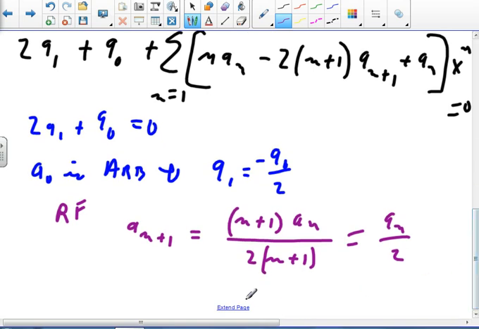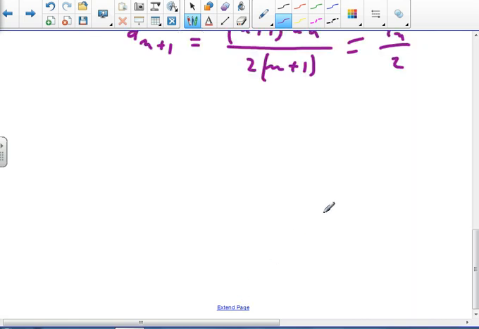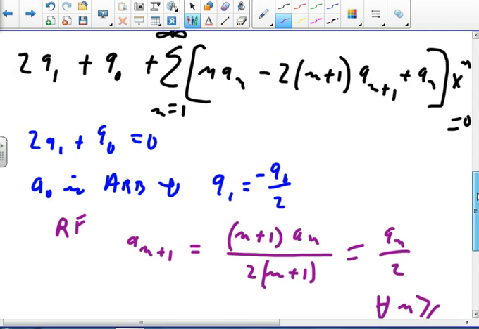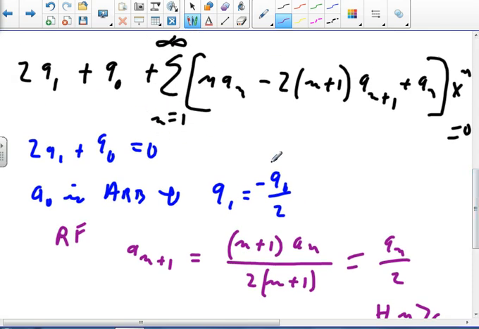Okay, so now I know a0 is arbitrary, a1 is minus a0 over 2, and this is for all n greater than or equal to 1, because my indexing starts at 1.